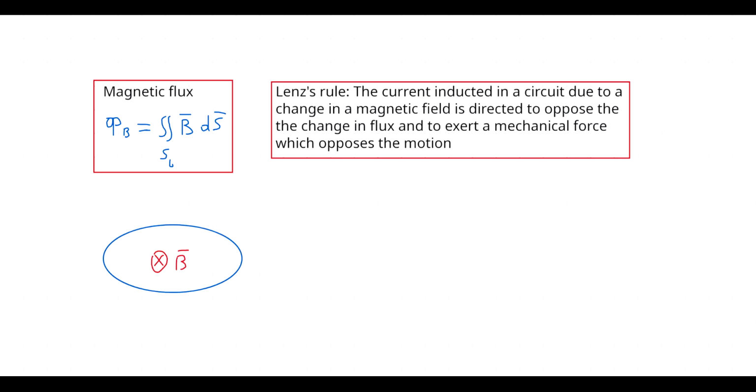Magnetic field is decreasing. In this case, magnetic flux will change.